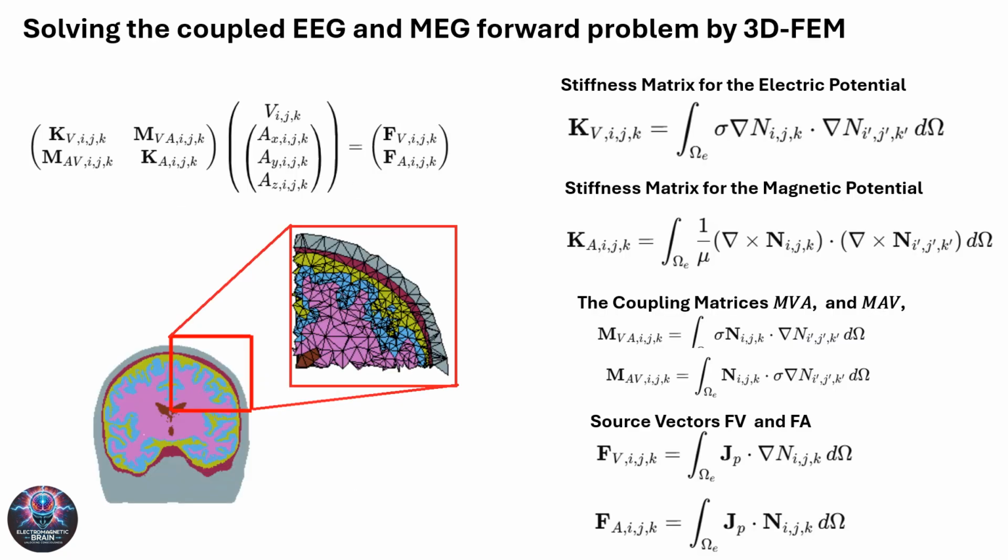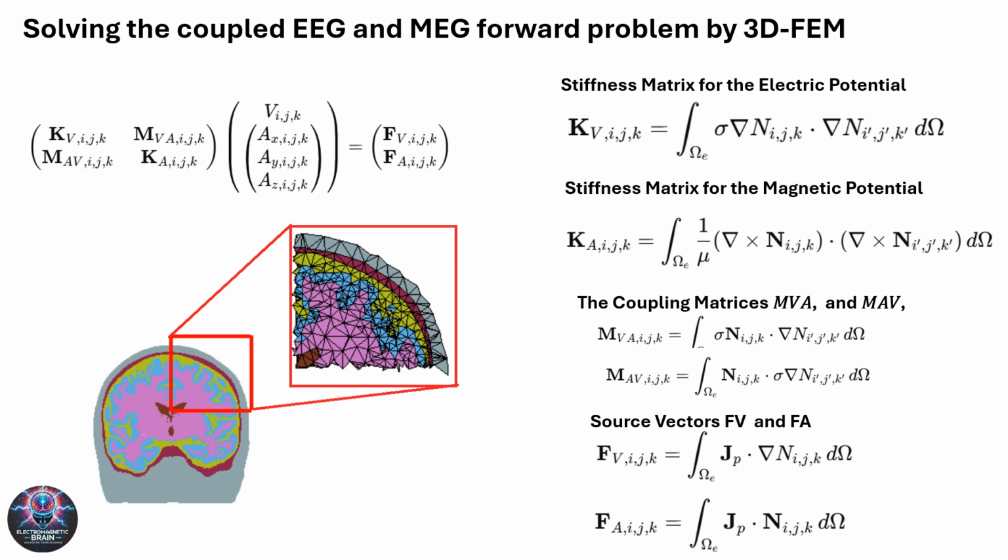To solve the coupled EEG and MEG forward problem by 3D FEM, after creating the fully meshed model of the problem space and sources as shown in this slide, we prepared a linear matrix equation to determine the electric and magnetic potential in each node of the mesh. The 3D finite element method, FEM, formulation for solving the coupled EEG and MEG forward problem is also demonstrated here. The presented formula shows the full system of equations in 3D with node indices I, J, and K for X, Y, and Z directions.